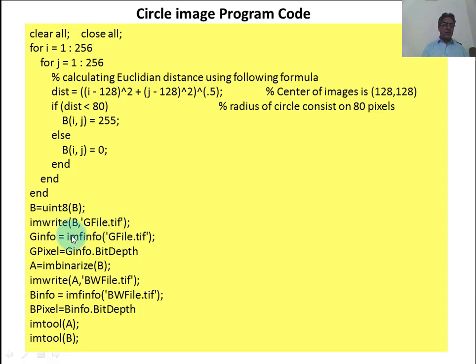The imfinfo command will get some information and store it in this vector variable, and when we use this vector variable and use the dot operator, we get the bit depth of a pixel. We will store it in the G pixel variable, and it will be displayed on the screen because we have not used a semicolon here.